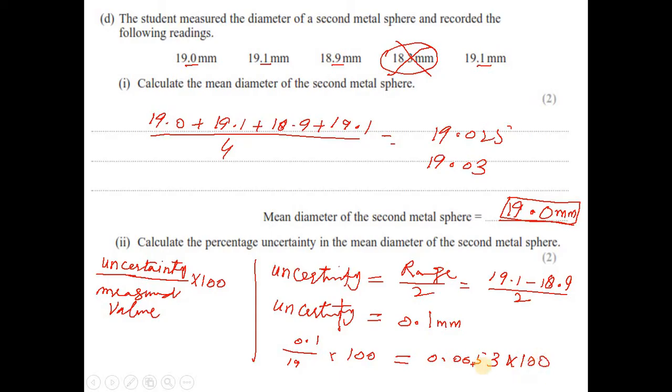Of course, if you divide these and multiply by 100, it will give you 0.53%. So this is your percentage uncertainty.